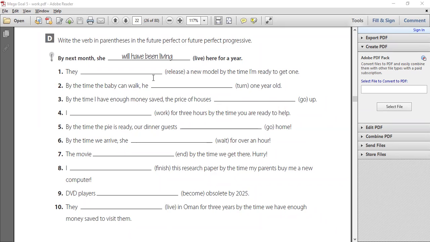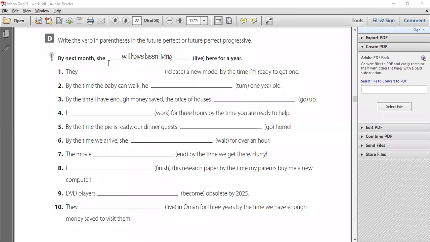Yes. So what do you think about number 1? They release a new model by the time I'm ready to get one. So you will use the future perfect or future perfect progressive. Maybe progressive. Okay, now remember, I use the future perfect progressive if I am focusing on the duration of time.